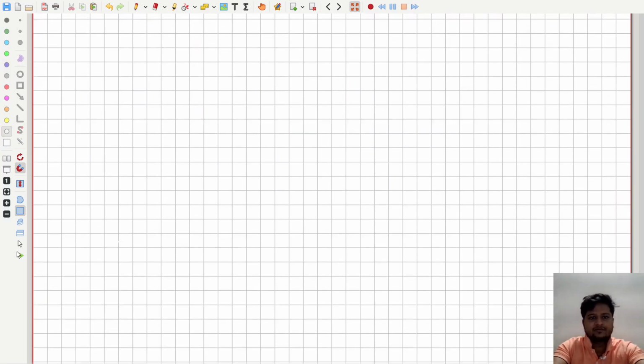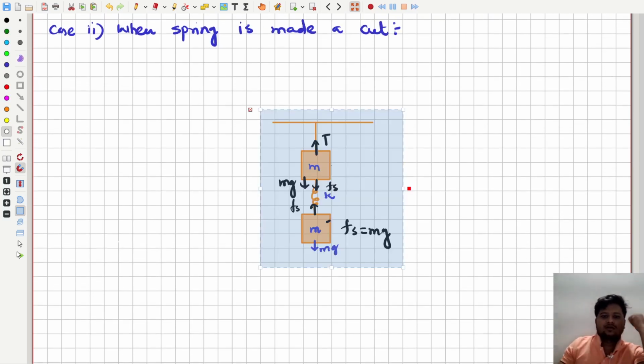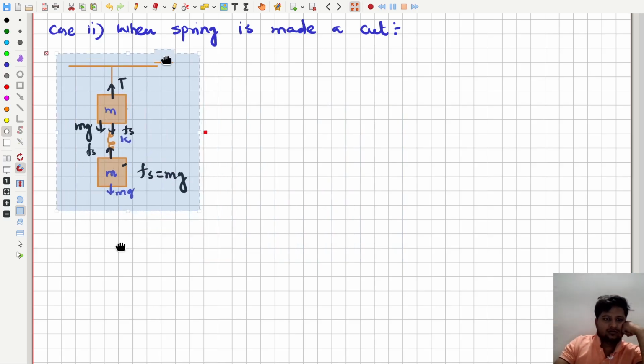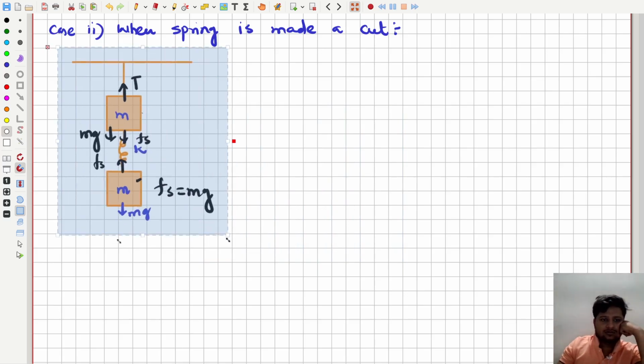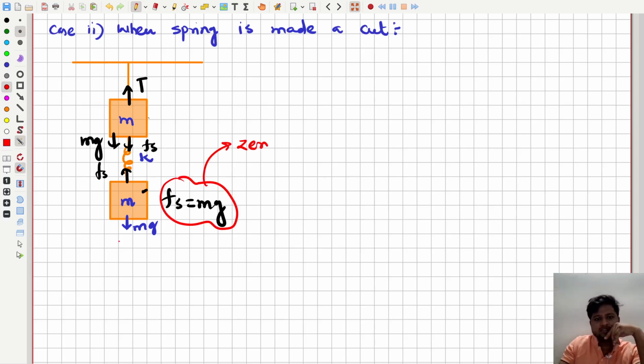So if I cut the spring, then what will happen? You can see that if I cut the spring, then the spring force immediately will become 0. This one immediately will change to how much? 0, because this is cut.